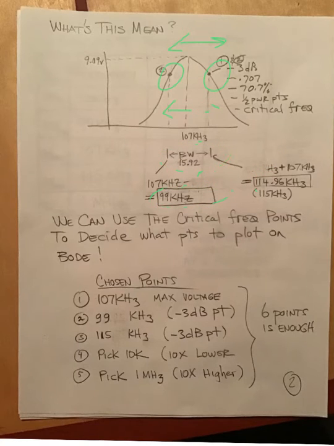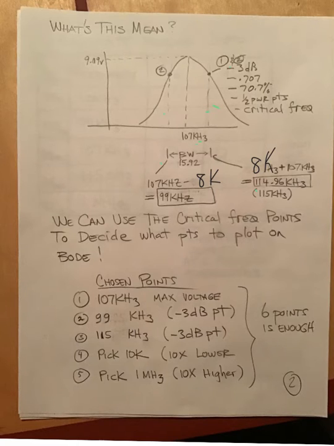Now you might want to fix your notes to include the note here that this is 107 minus 8K, and this is 8 kilohertz plus 107. That's how we actually came up with those.